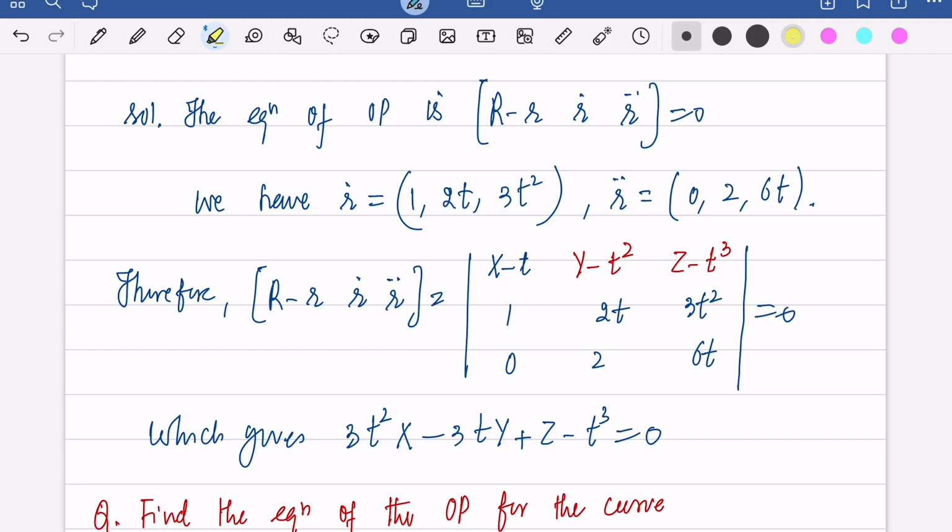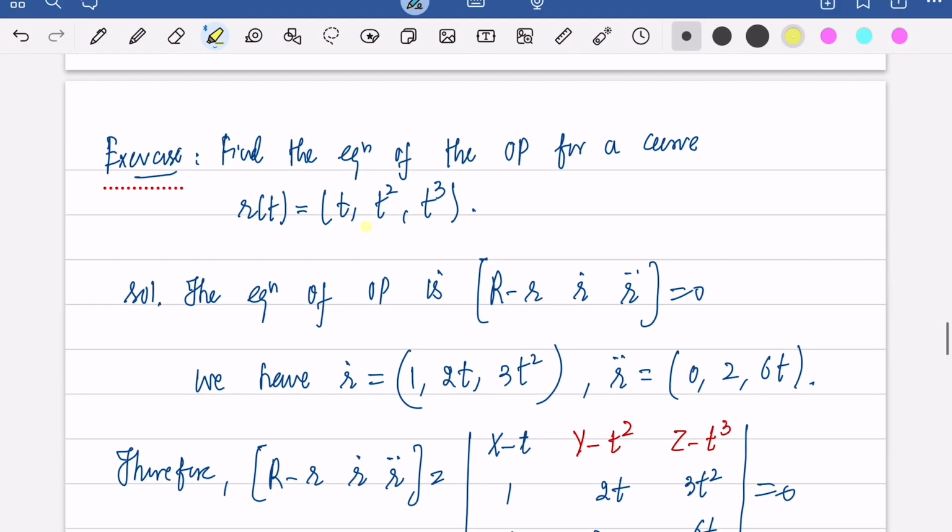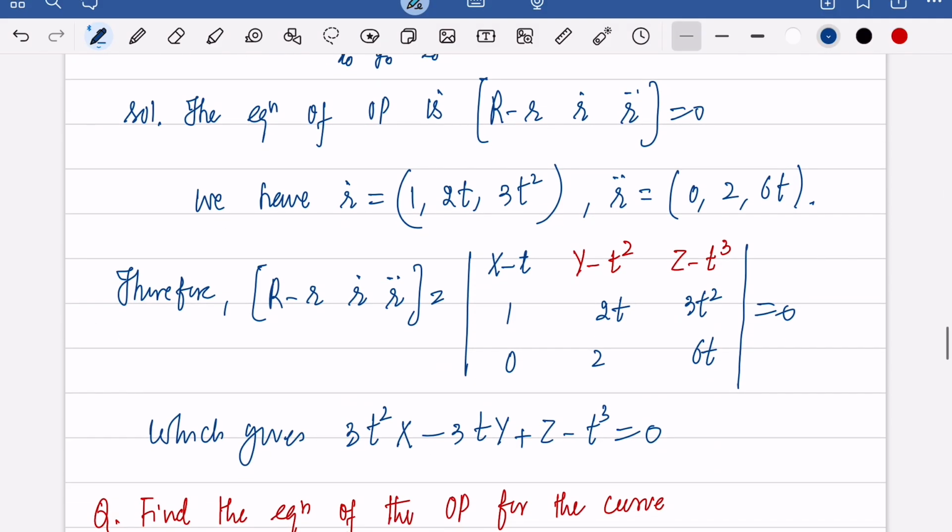And the second mistake in the previous lecture was at time 45 minutes. Our given r of t is (t, t squared, t cubed), and here we are trying to find the equation of a tangent at this point (x naught, y naught, z naught) with coordinates (t, t squared, t cubed).